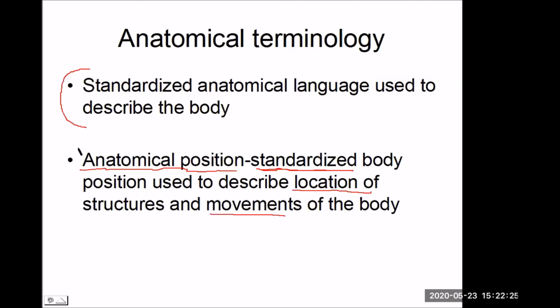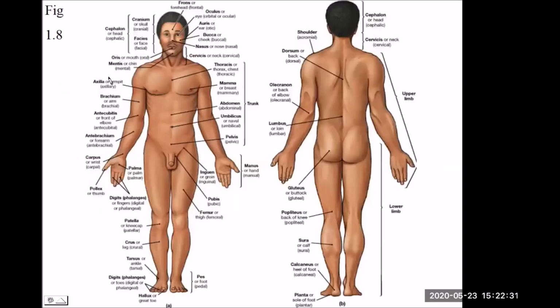So to see a figure of a body in the anatomical position, we could just go to this figure here, 1.8 in the textbook. And this is a human in the anatomical position. So we notice that we have a person standing upright, standing as opposed to, say, lying down, and all little distinct traits of their appendages and whatnot. We'll see that in lab.